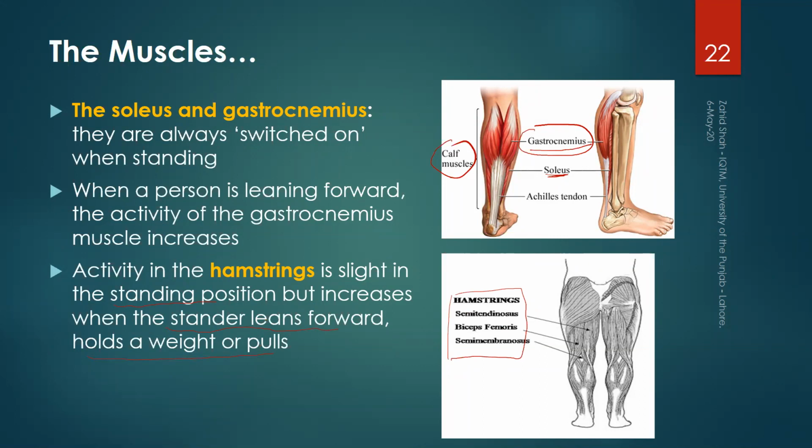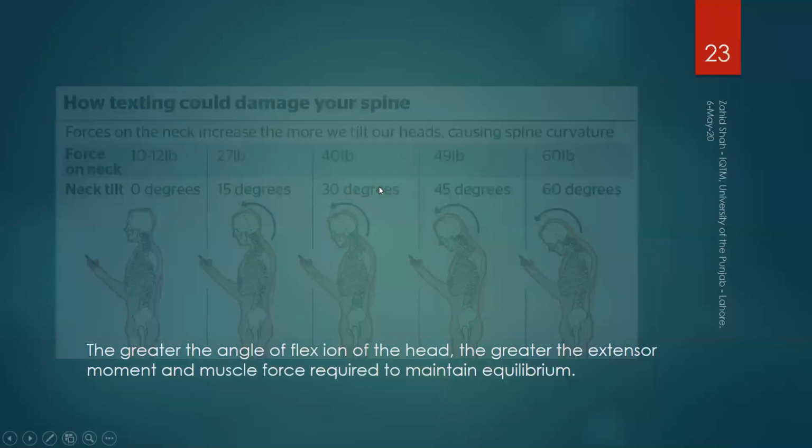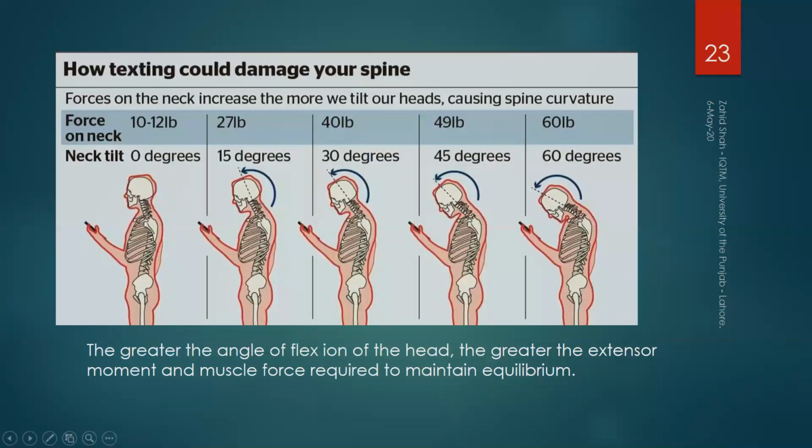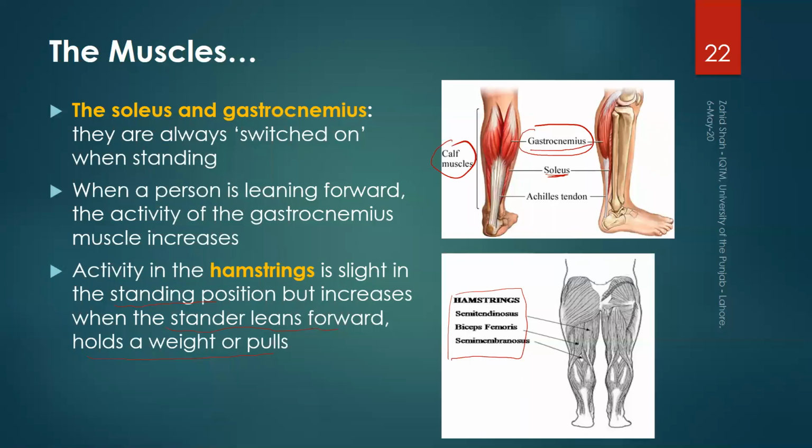So these calf muscles, the combination of gastrocnemius and soleus, and hamstrings are also very important to maintain a stable standing posture. So these are the important muscles and ligaments and joints that play an important role.